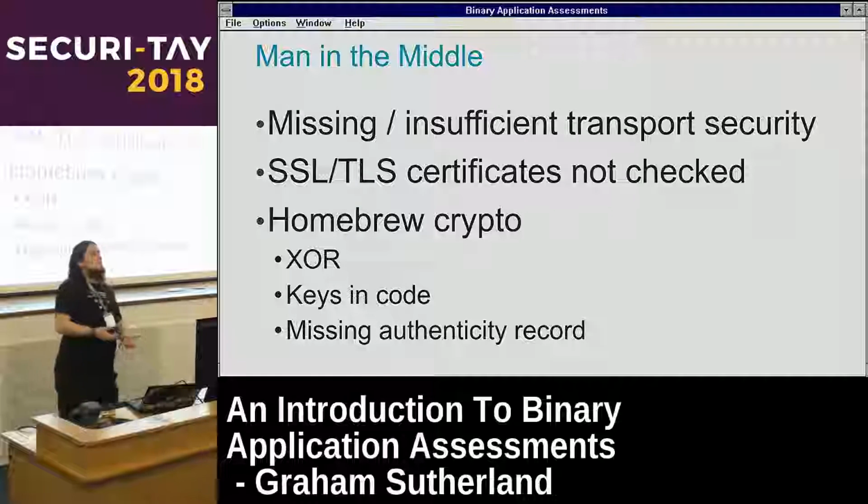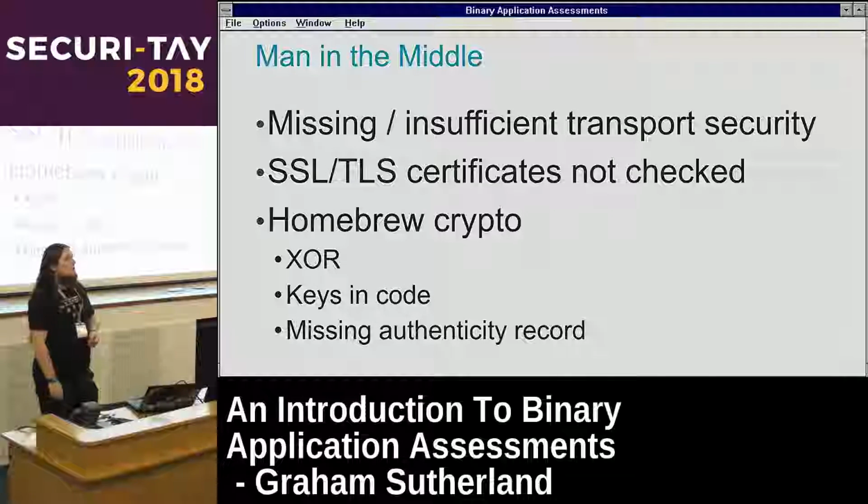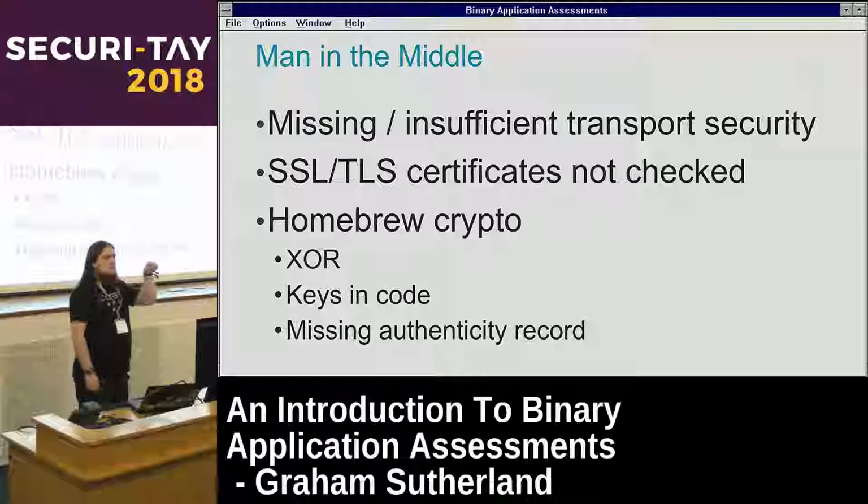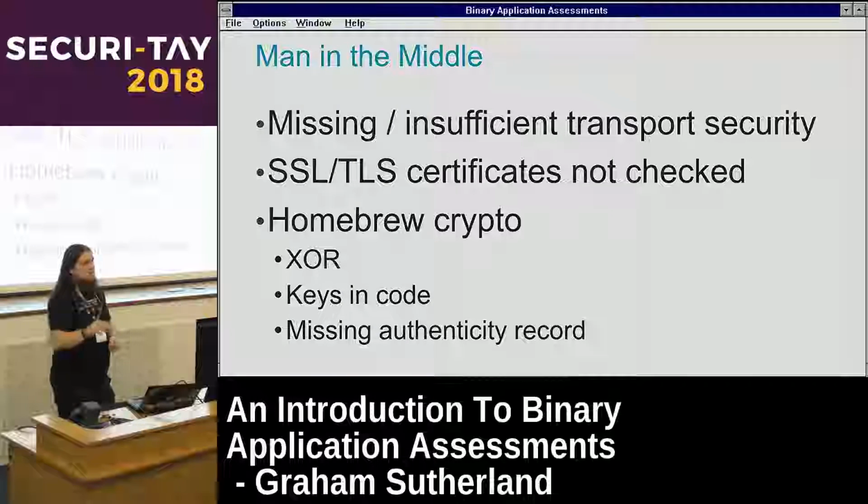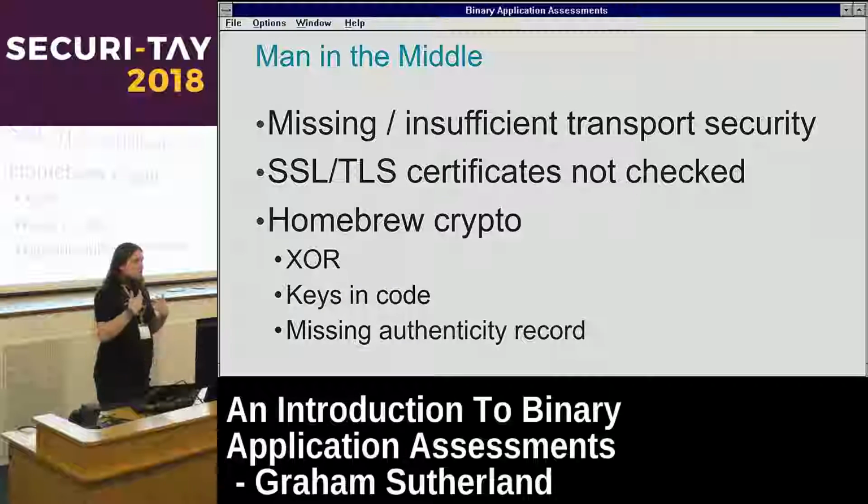Say, for example, you know there's some field like admin 0 that's been encrypted. Well, if you know where the 0 is, you can just flip the bit to be a 1. The encryption only provides confidentiality. It doesn't provide authenticity or integrity. So if there's no authenticity record, you can just start messing with data.